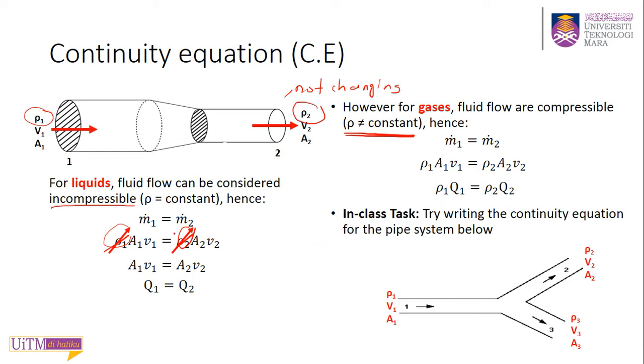I gave you an example like this one for Q. For Q, you know Q is equal to A V. So how can you write this continuity equation for this pipe? There is a pipe coming in, and then it is divided into two branches. Can anyone answer, or want to try to answer?